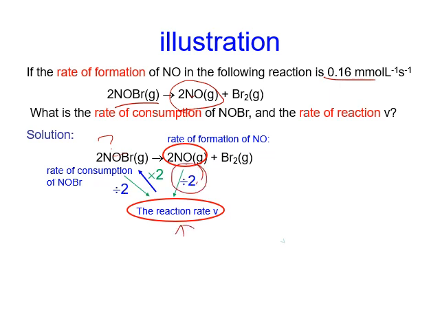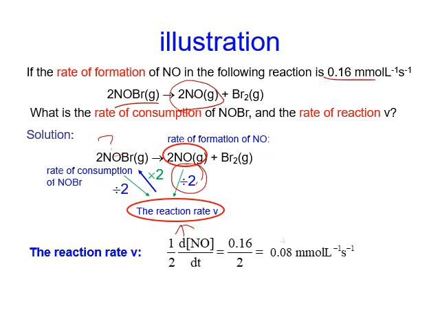then you get the reaction rate. From the reaction rate, then you multiply by the coefficient, then you get the individual rates. So first we calculate the rate of reaction. The rate of reaction is the rate of formation of NO divided by coefficient 2.